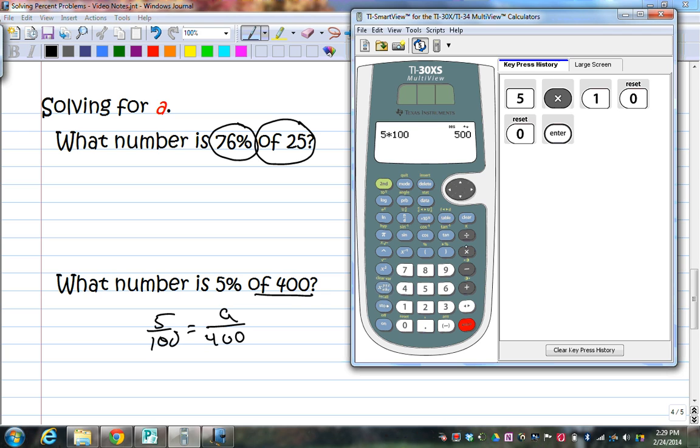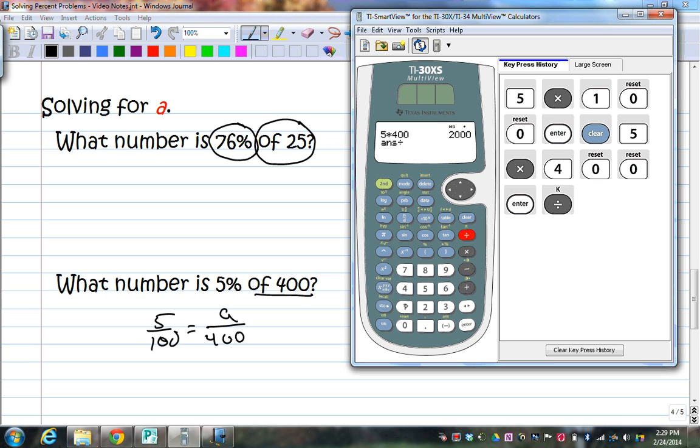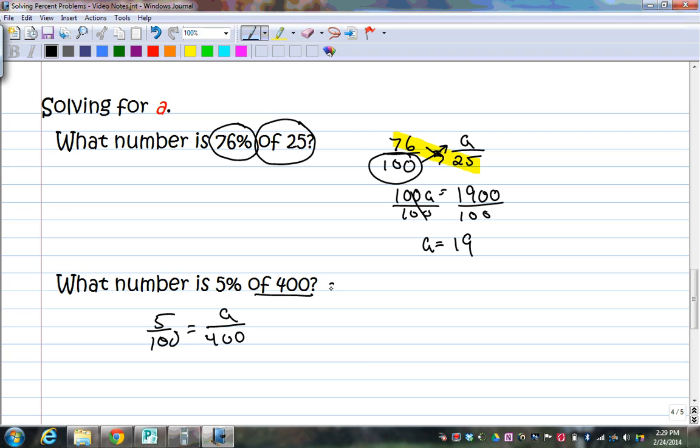Enter. And then I'm going to, oh darn it, I did it wrong. 5 times 400. And then I'm going to divide by the number that's left over, 100. And you see the answer is 20, right? According to my calculator. So let's do it the regular way.